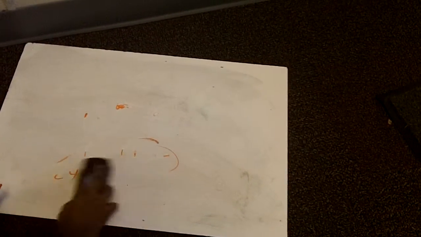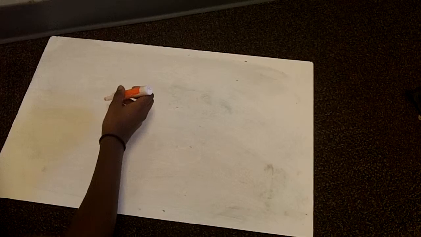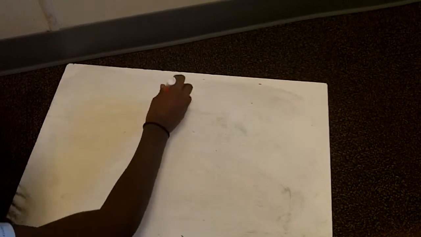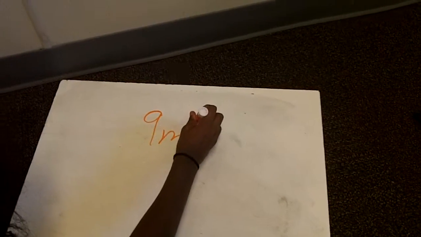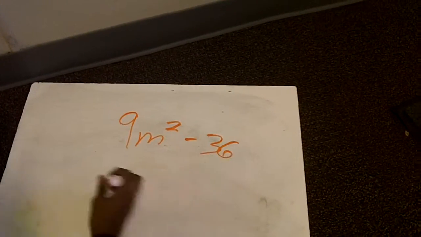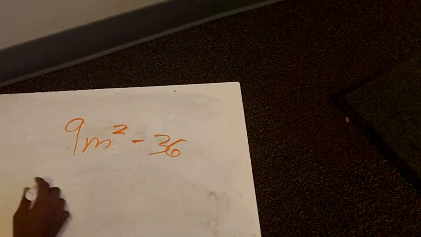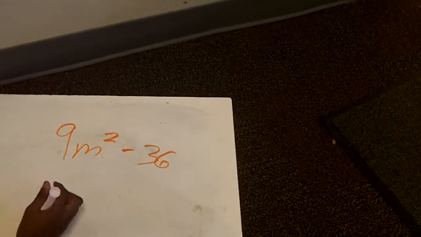For the difference of squares, I'm going to use the same expression I used before. Before, I used to think that I had to divide this by 3 and divide that by 3.